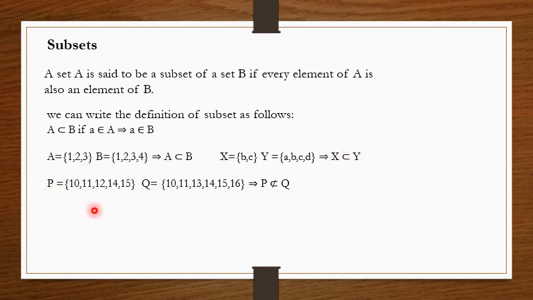Now consider P and Q. P contains the elements 10, 11, 12, 14, 15. Q contains the elements 10, 11, 13, 14, 15, 16.